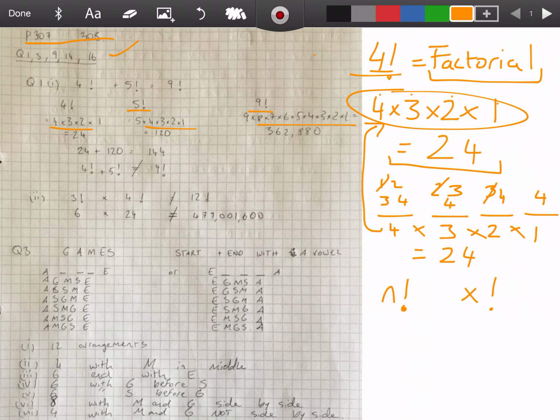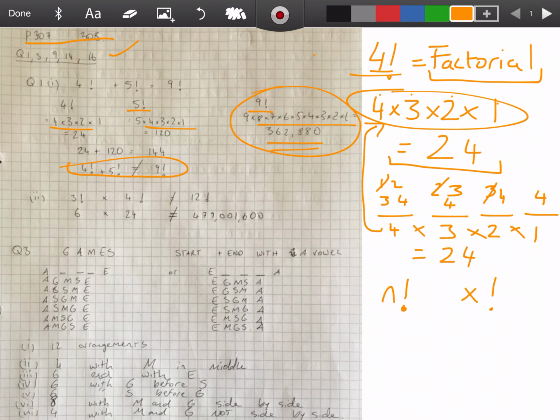The only thing to keep in mind is that the bigger the number, the larger the number of possibilities, or permutations, that we have here. Loads and loads of big numbers are involved when the factorial number is large. So we can see in this case that 4 factorial plus 5 factorial does not equal 9 factorial.